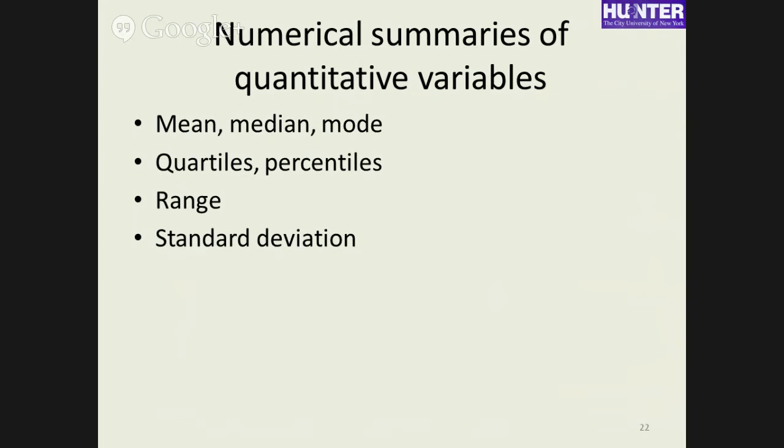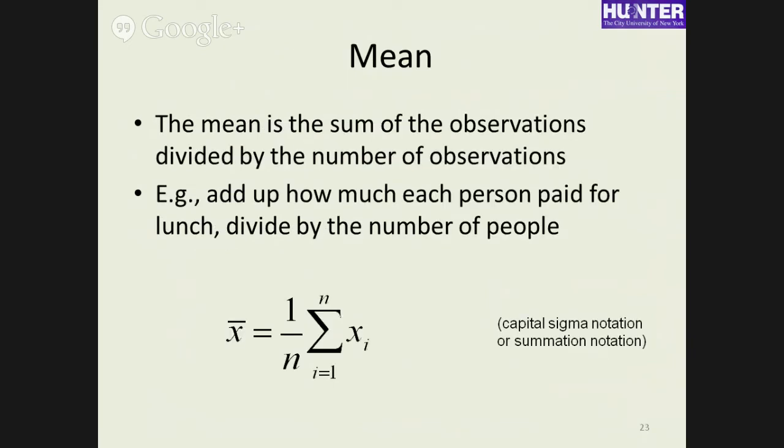Okay, so numerical summaries, and I've given some a little bit of advanced discussion about these already. The mean. This is the one, remember there were examples of people calculating the mean back to like 400 BC or so.